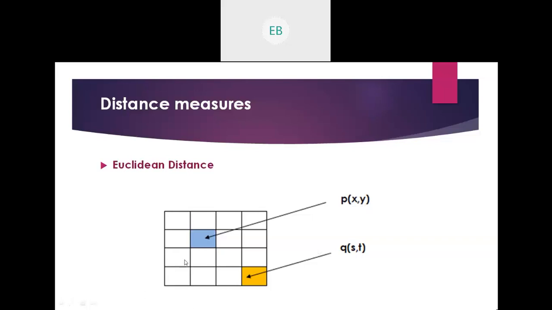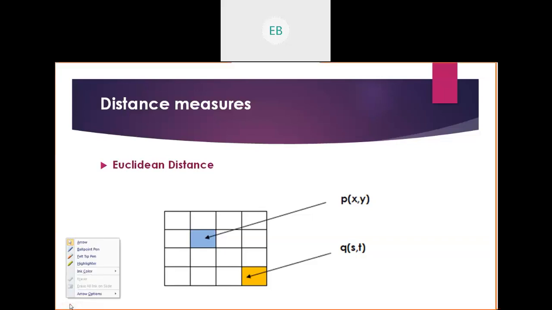So what is x and what is y here? x will be equal to 2 and y will also be equal to 2, because this is the second row and second column. One sec.